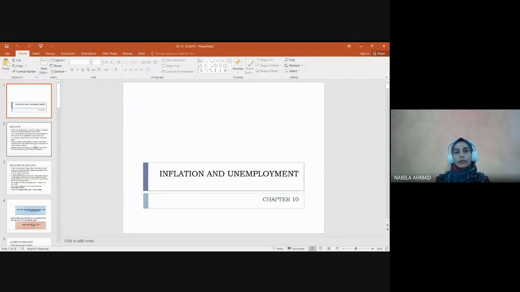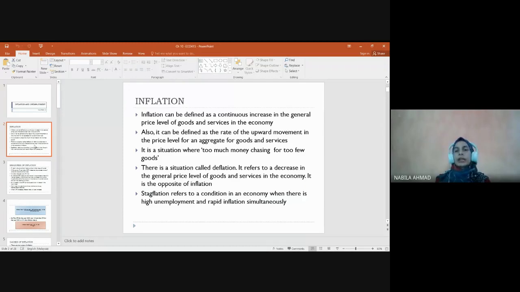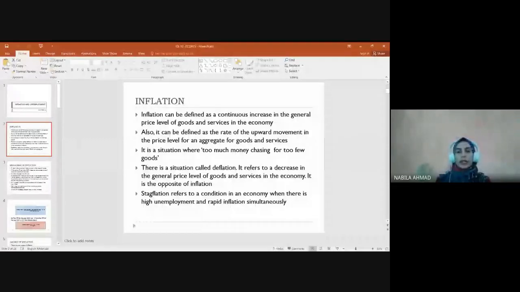Inflation can be defined as a continuous increase in the general price level of goods and services in the economy. Jadi kalau harga barang tu naik continuously, sentiasa naik semakin naik, itu dipanggil inflation. It can be defined as the rate of upward movement in the price level for an aggregate for goods and services.